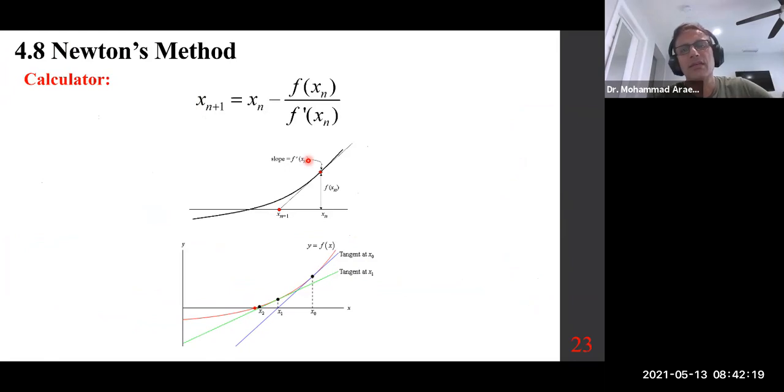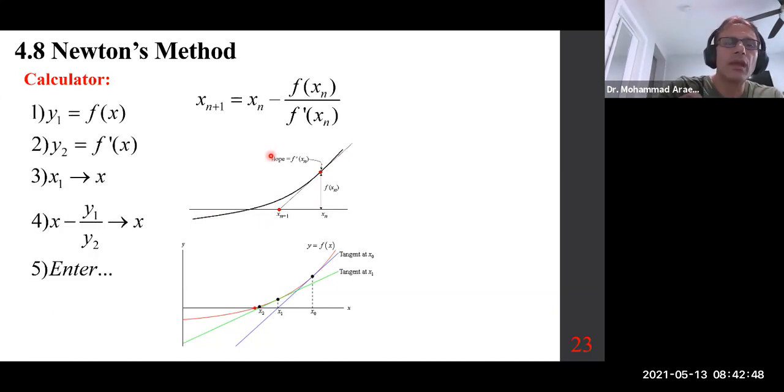And this is from the fact that the x-intercept of a tangent line is very close to the x-intercept of a function. So in essence, you're really finding the tangent line and you manipulate that. That's what Newton did, okay? So x sub n plus 1 is x sub n minus f of x sub n over f prime of x sub n.